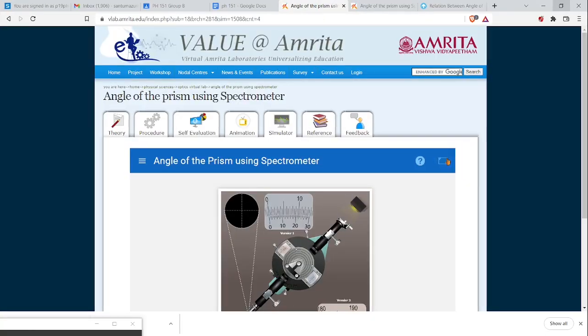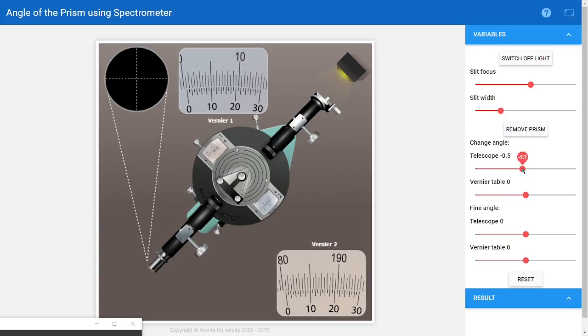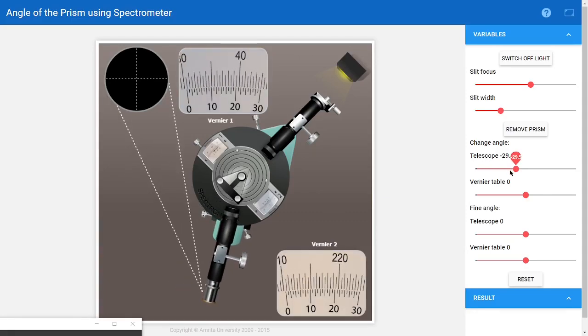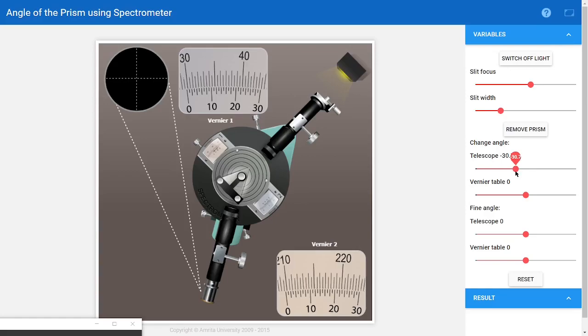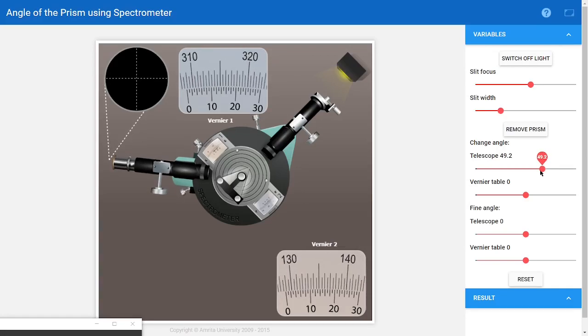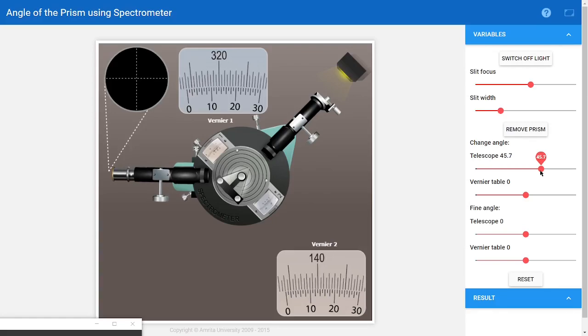Now I'm going to move this telescope. So this is the change angle. We will not touch this Vernier table 0. We will only touch this telescope. Okay, so let me go to the position 1 first, face 1. So this is our face 1. Let's move it slightly so that we can get the reflected beam.